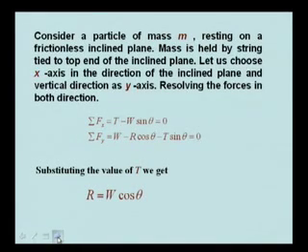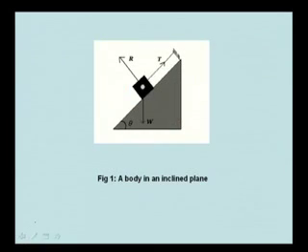Consider a particle of mass m or weight W resting on a frictionless inclined plane. The mass is held by a string tied to the top end of the inclined plane. Let us choose the x axis in the direction of the inclined plane, and the y axis vertical.